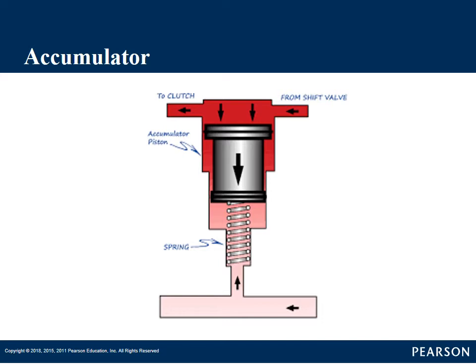You can modify these. In most shift kits, they do modify them. We change through controlling the size of the orifice that applies that pressure on the accumulator. We change springs in these to change that accumulation rate, or that accumulator rate, to change how that clutch pack or band applies.